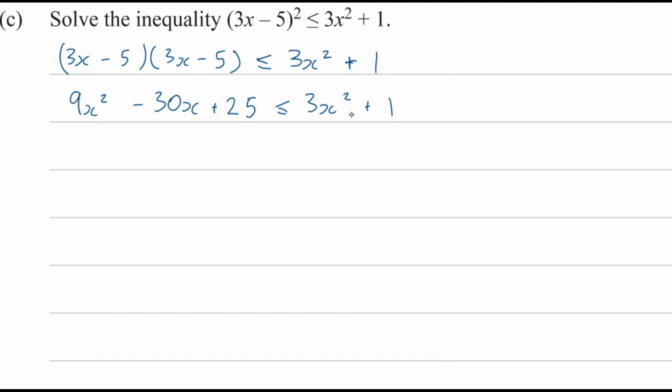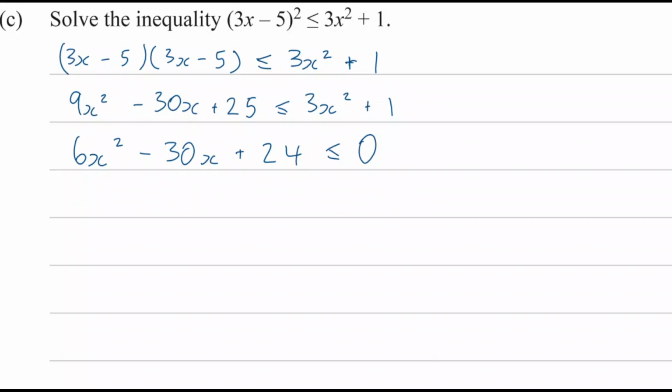So let's subtract the 3x² from both sides and the 1 to bring everything to the left. We get 9x² − 3x² is 6x², −30x, +25 − 1 is +24. And since we subtracted that, we're left with 0 on the right-hand side.